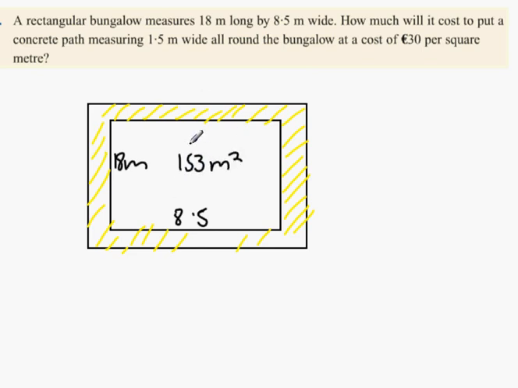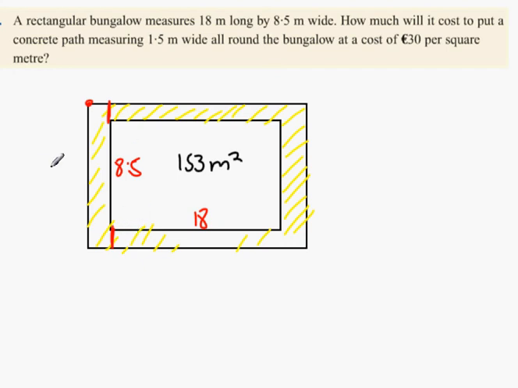Now, what's the area of the big rectangle? So what's the length of the big rectangle? Oh, sorry, I'm just going to change around the 18 and the 8.5 for a minute. It's a bit out of proportion. Okay, so what do you have to add on to 8.5? You have to add on 1.5 and another 1.5.